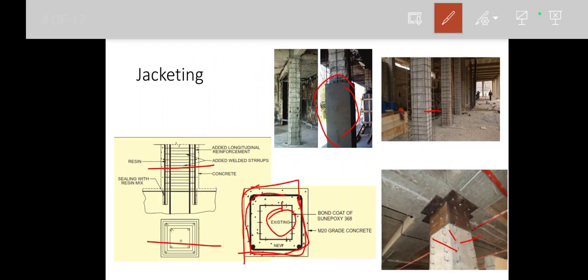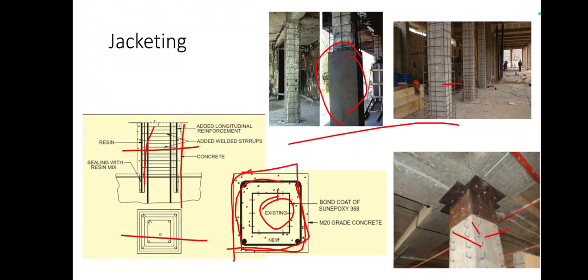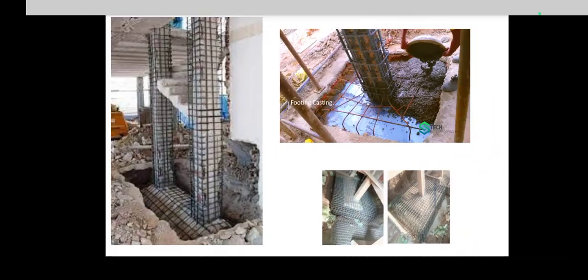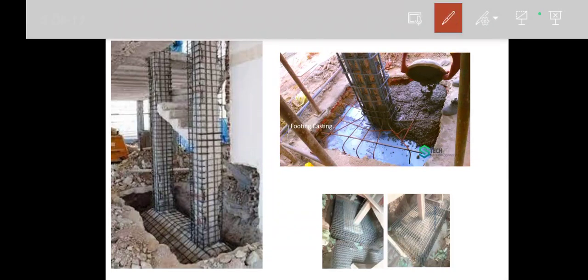If it is not so, then we have to increase the size of the footing. Suppose the foundation is structurally adequate and it can take the extra load acting, we can just drill a hole and insert the reinforcement. Or else, we have to follow this technique which is provided in this picture.